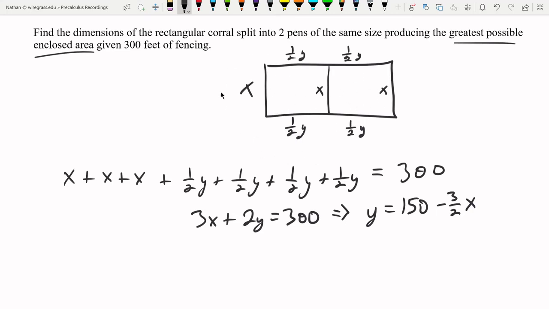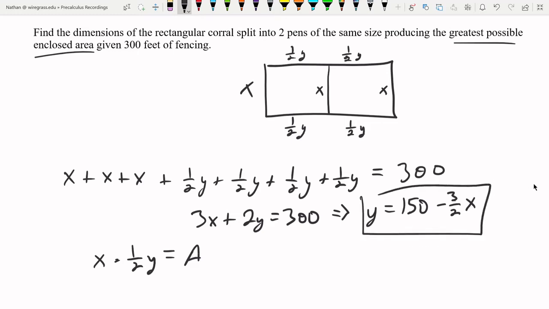So if you maximize this, we're going to get x times, well, I should say the area of this thing is this, right? That's the area. And all we're trying to do is find the maximum of this area. Well, this isn't a quadratic equation, right? Because we have two different variables. However, we know what y equals. y equals 150 minus 3/2 x.